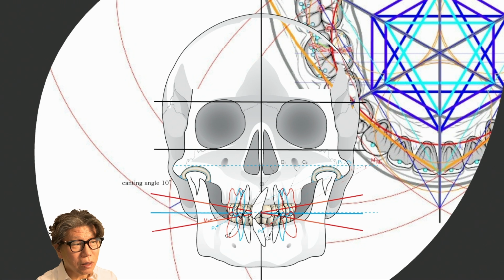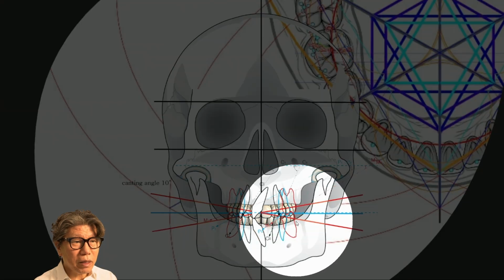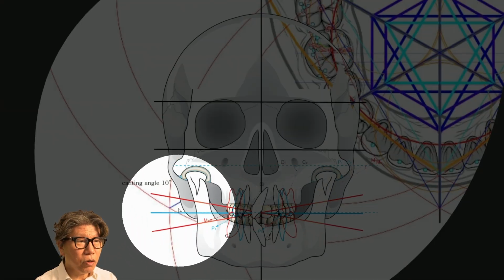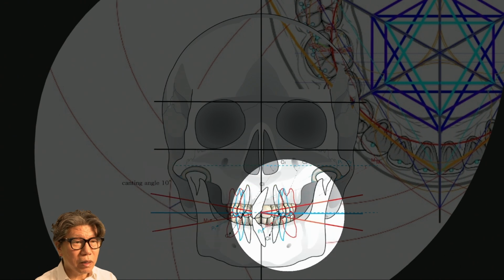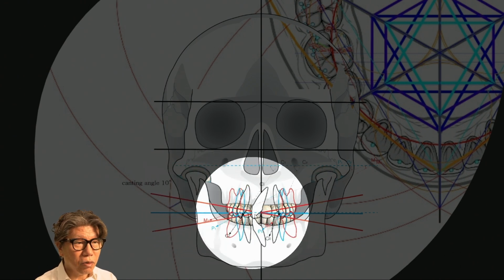And let's examine class 1, normal occlusion cases. There are such cases. The occlusal plane has become canted. Either it has tilted upward or downward. When the mandible moves upward, the upper side becomes weaker, while the lower side strengthens.